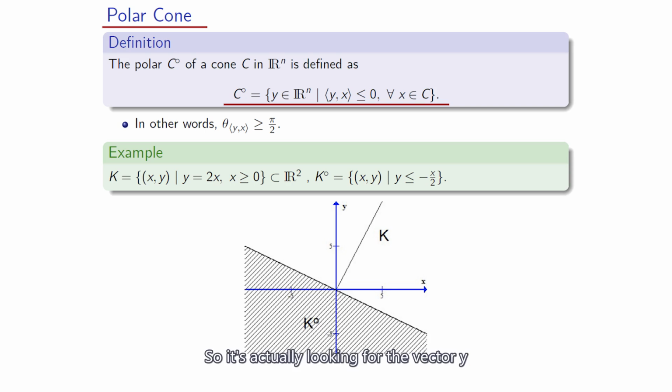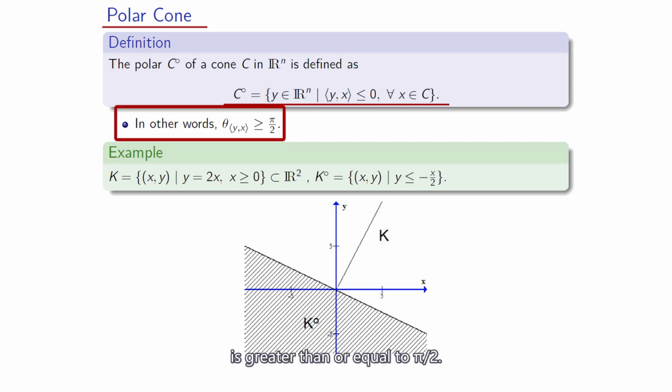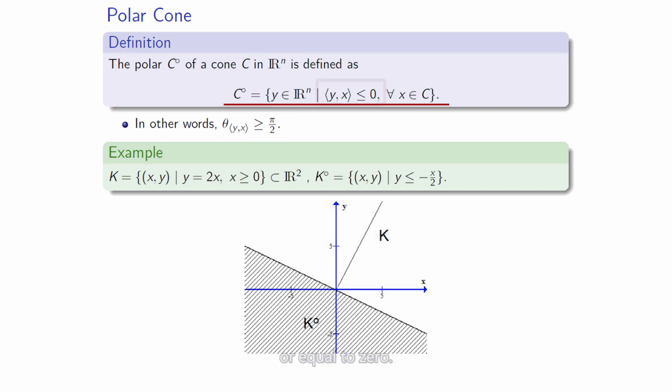It's looking for the vector y such that the angle between y and x is greater than or equal to half pi, because the inner product is smaller than or equal to 0, for any x in C. So given the set C, we should find the polar cone of C.